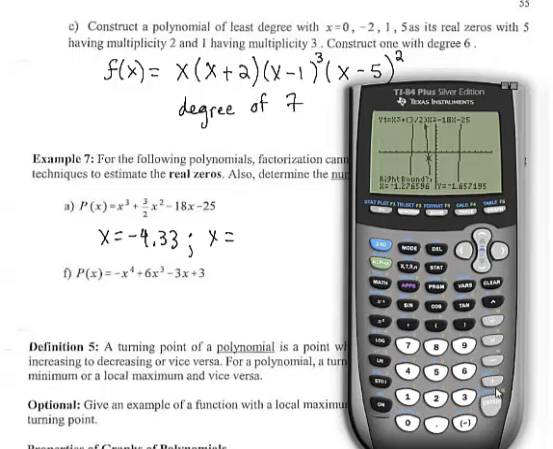Now I hit the right arrow key. You can see the cursor drops below the zero. It's now on the other side. We hit enter. Enter for a third time. And we will round this. We get some crazy decimal number. x equals negative 1.38.